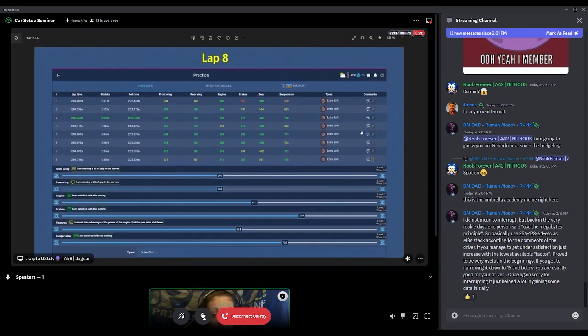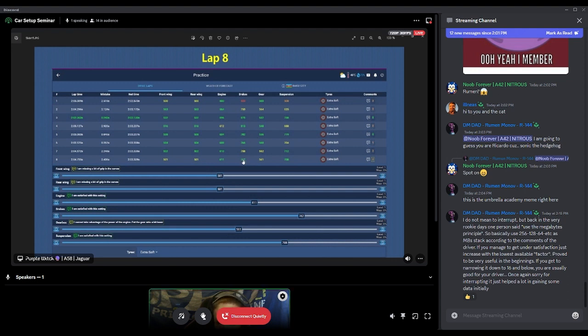So this is lap number 8. As you can see, we found the limit again for the front wing. We hit outside the limit, and we found the limit. The limit is between 502 and 501. Same could be said about the engine, between 612 and 611.